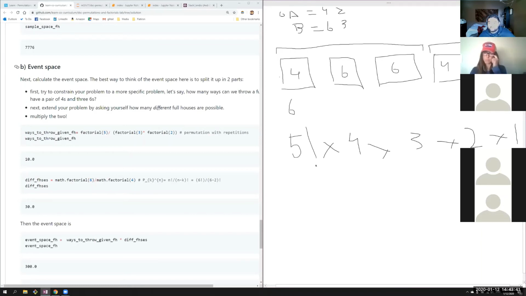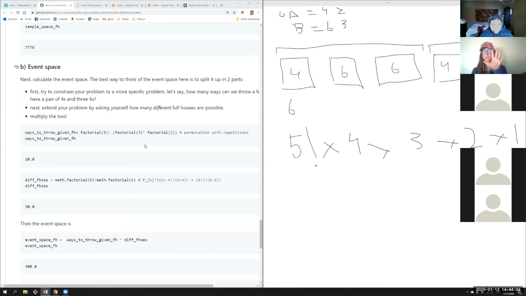Okay, so here they're just picking, so the first one is just ways in which to select the slots, right? So just select the actual dice. So that's all the full houses. It doesn't matter if it's 2s and 3s or 7s and 8s. It's all of the ways to throw the house.